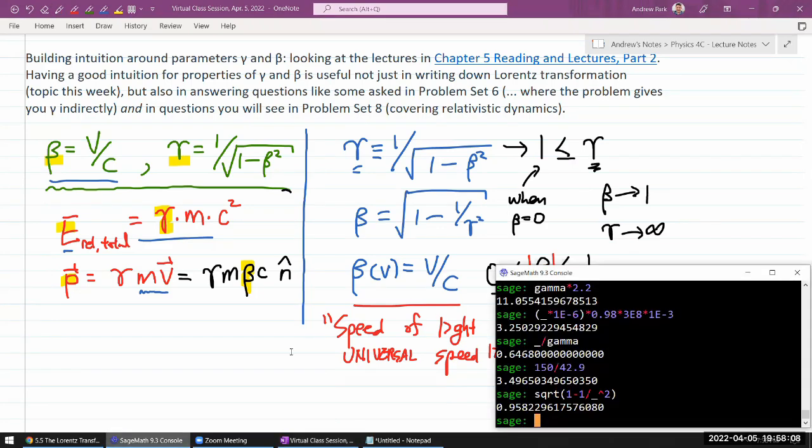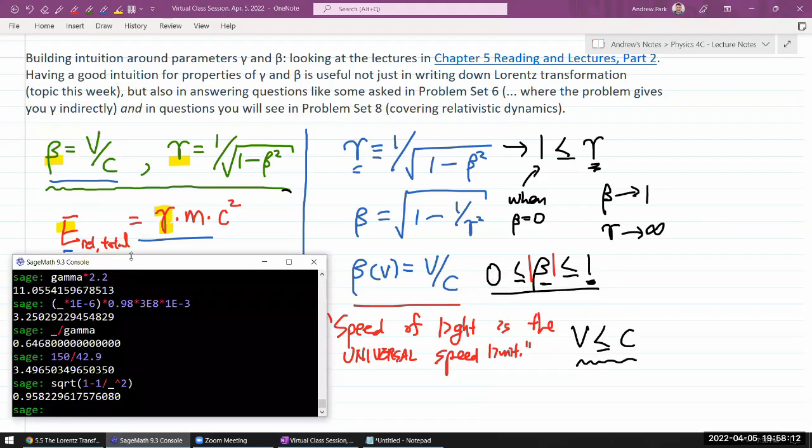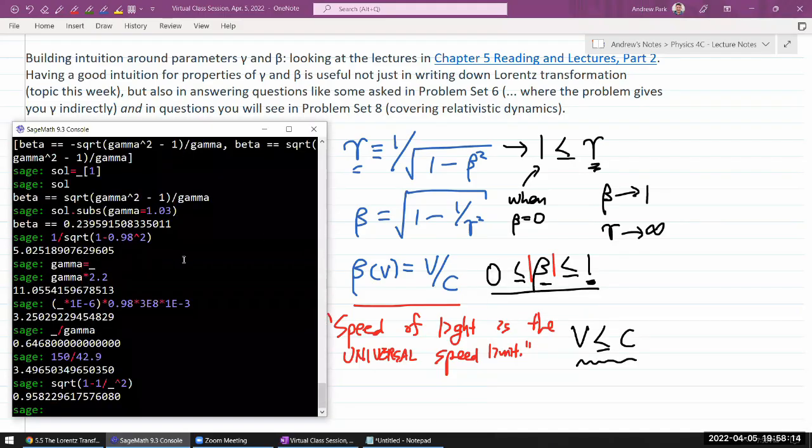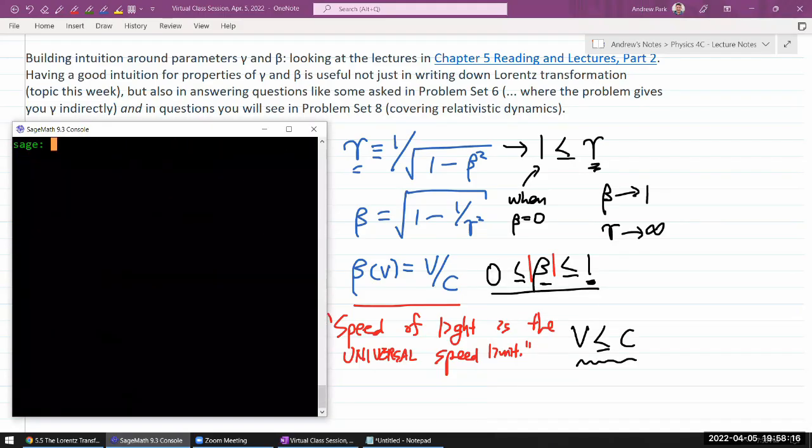Let me see if I can plot this. Your textbook has a version of this plot. Let me declare my variable, beta. And I'm trying to plot gamma, which is 1 over the square root of 1 minus beta squared, with beta going from, I think 0 is fine.